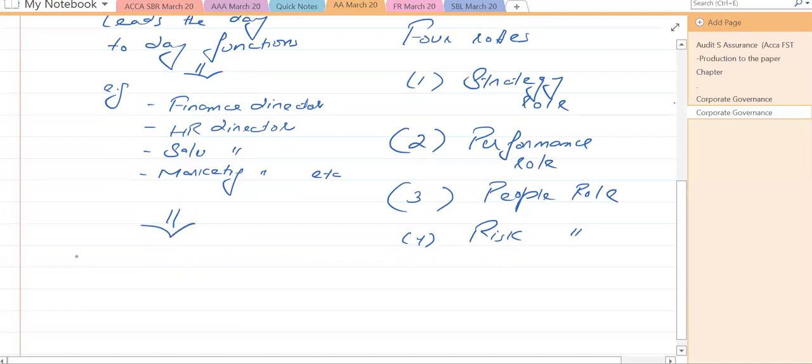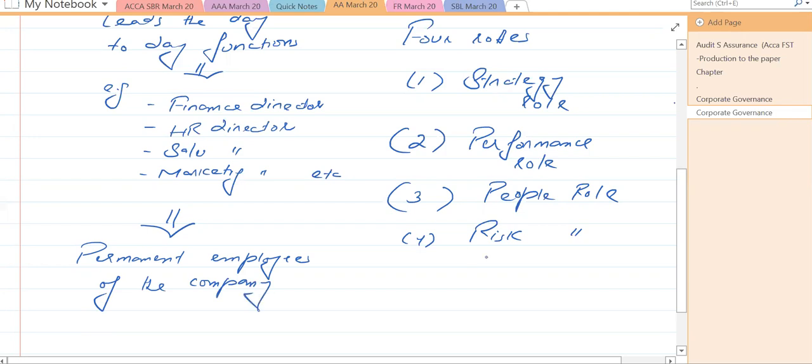EDs are permanent employees of the company. NEDs are not employees. Instead, they serve part-time.